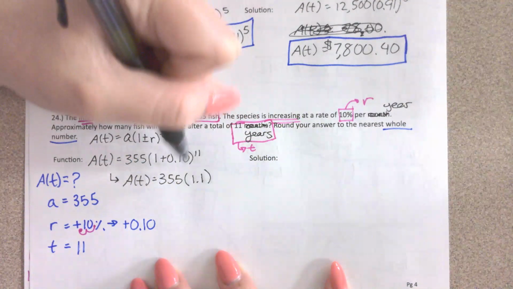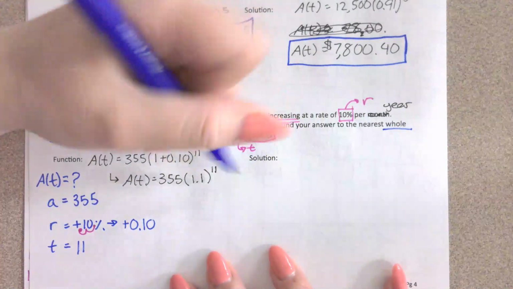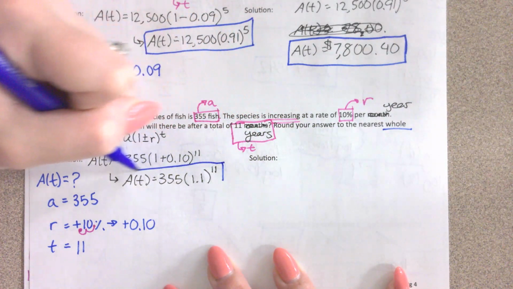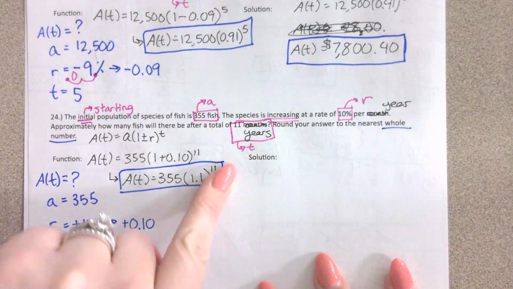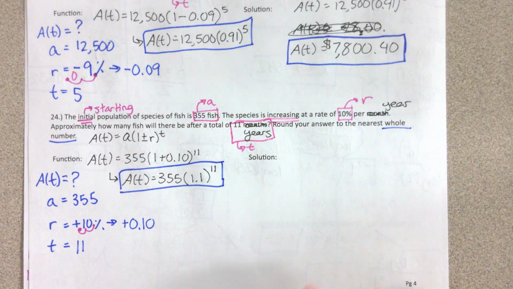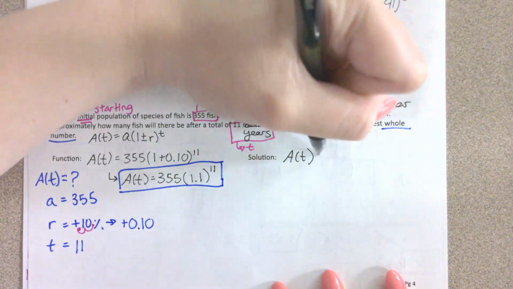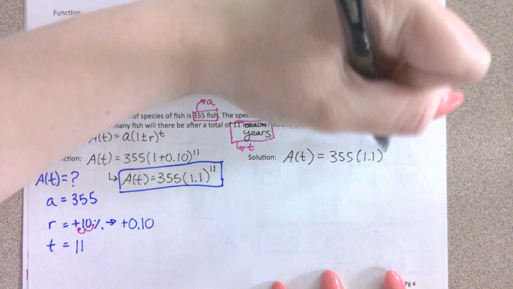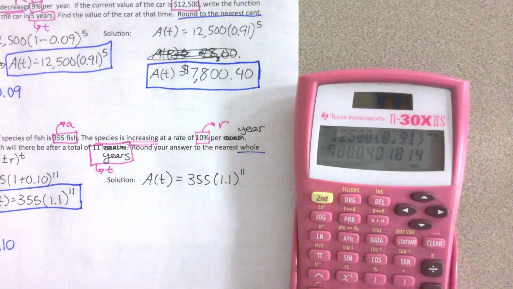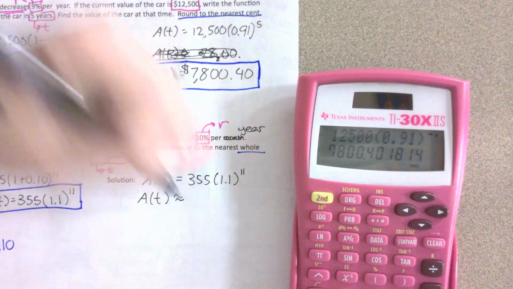I'm going to drop that extra 0, but if you include it, it's fine, to the 11th power. This is my function, and then I'll put the right side into a calculator to get my answer. So I'm going to copy this over again on the right side. A of t equals 355 times 1.1 to the 11th power. You don't necessarily need to copy that down again. I'm just showing where that answer is coming from. And we're going to have to round for sure.